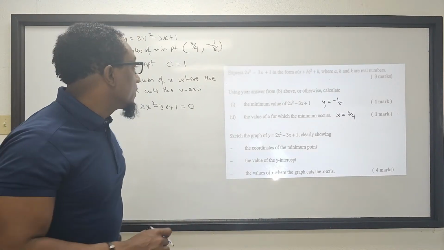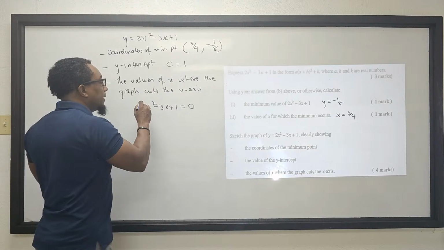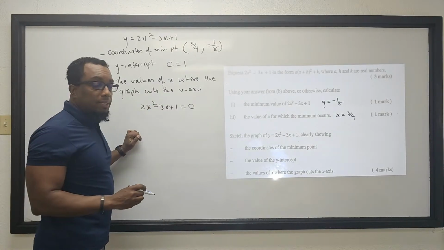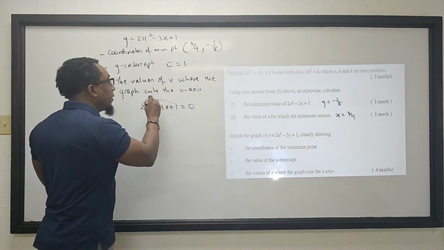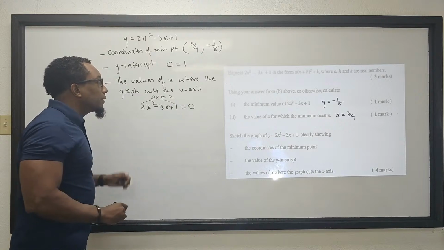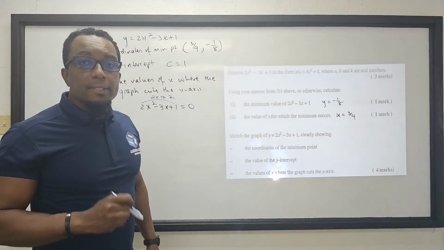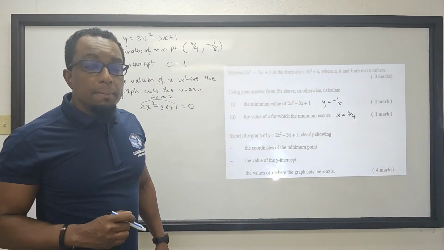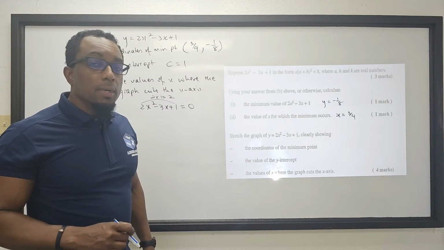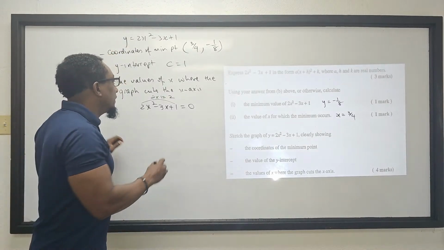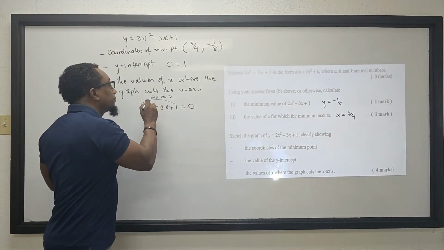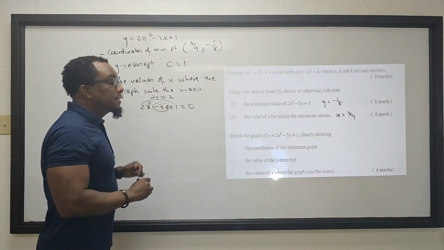In solving this quadratic equation, I'm going to multiply and factorize the expression on the left. So 2 by 1 will give me positive 2. And I want two factors of positive 2 that when multiplied will give me positive 2, but when added can help me to get the middle term, negative 3x.